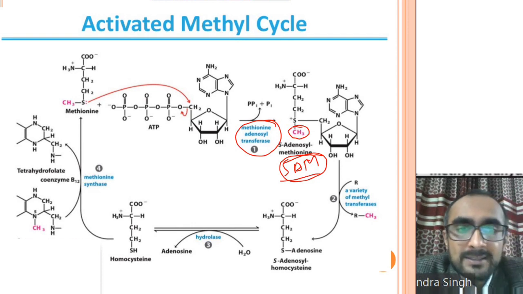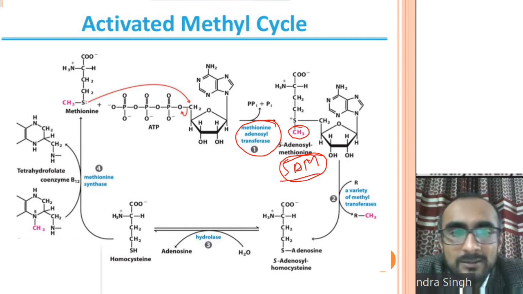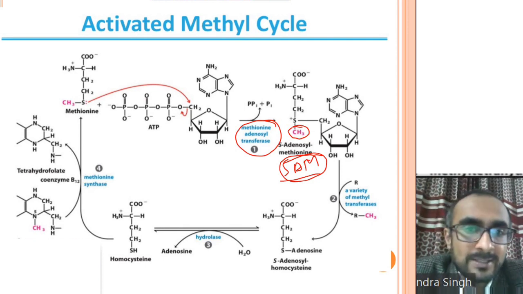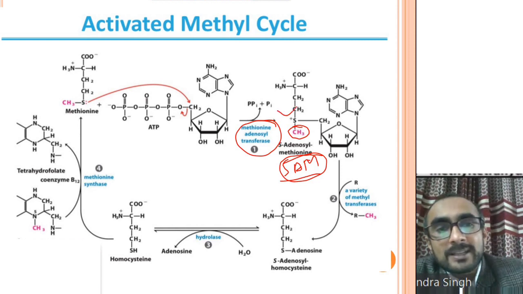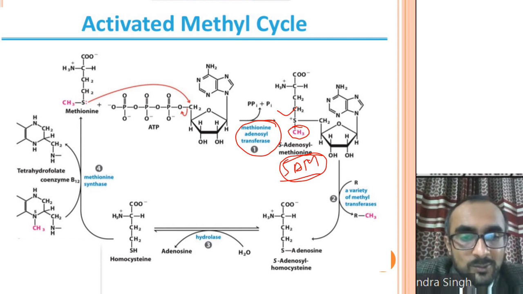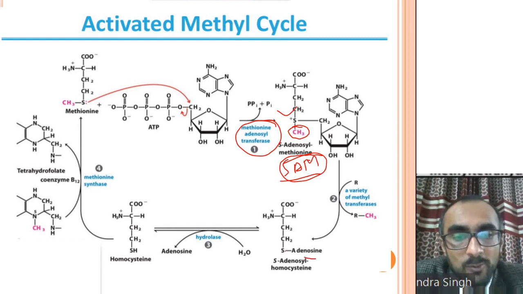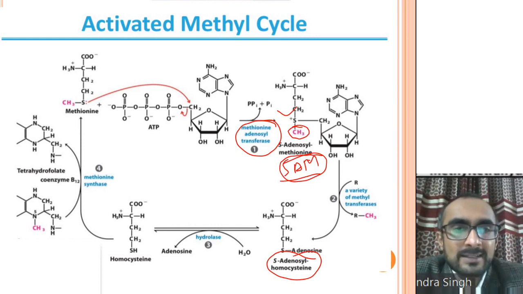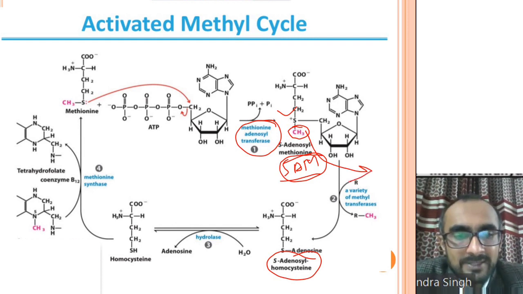In fact, this is known to be 1000 times better at transferring methyl group in comparison to tetrahydrofolate, because of presence of this sulfur atom here. And this SAM is converted into S-adenosyl homocysteine by a variety of methyl transferase enzymes. So in that case, this methyl group is transferred to some substrate, and what is left is S-adenosyl homocysteine.